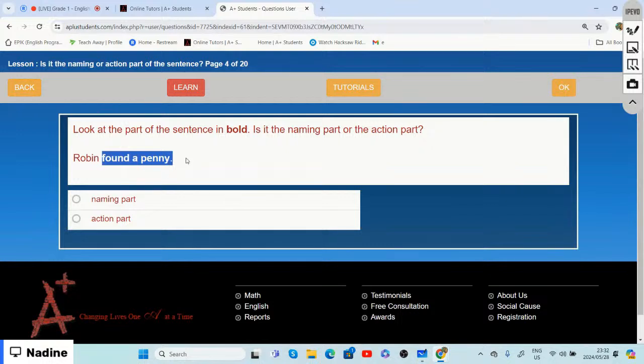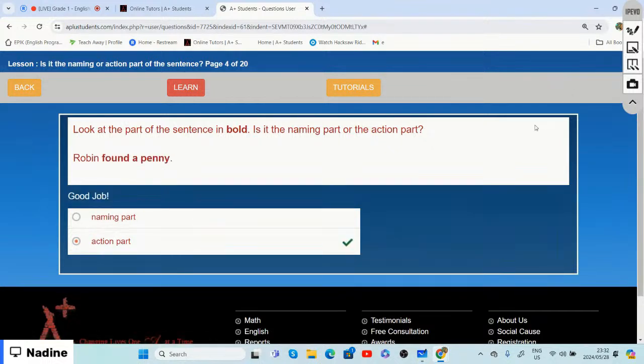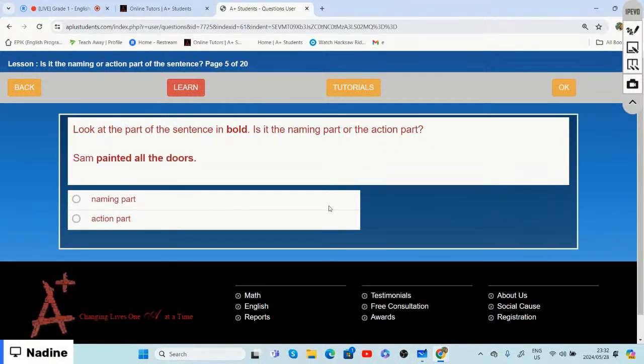And if we select the correct part, we would say it is an action part. So found a penny is an action part. It's something that he got.